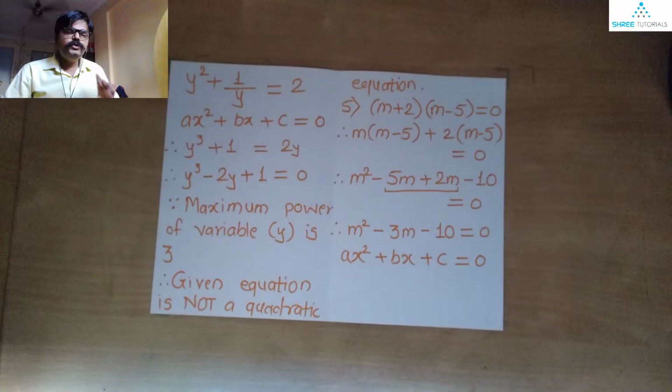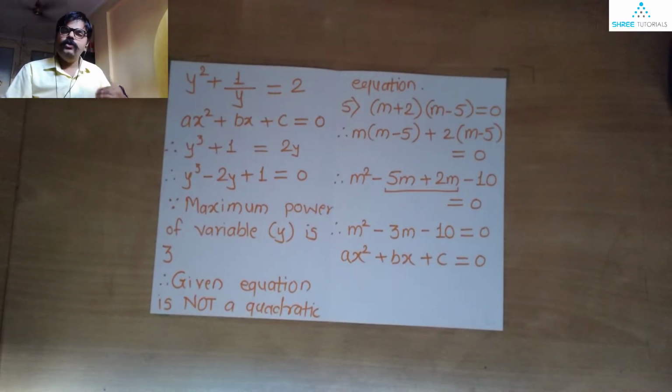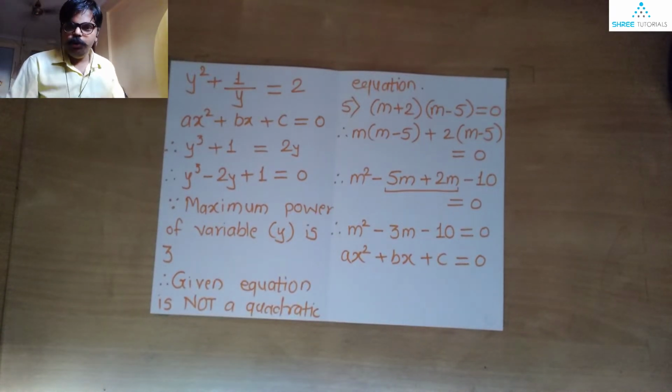Now the most important fact: if these two equations match somewhat, thereafter we are going to go for step number 2. What was step number 2? We wanted to check the maximum power the variable is going to have. So the maximum power of m is actually 2 over here.